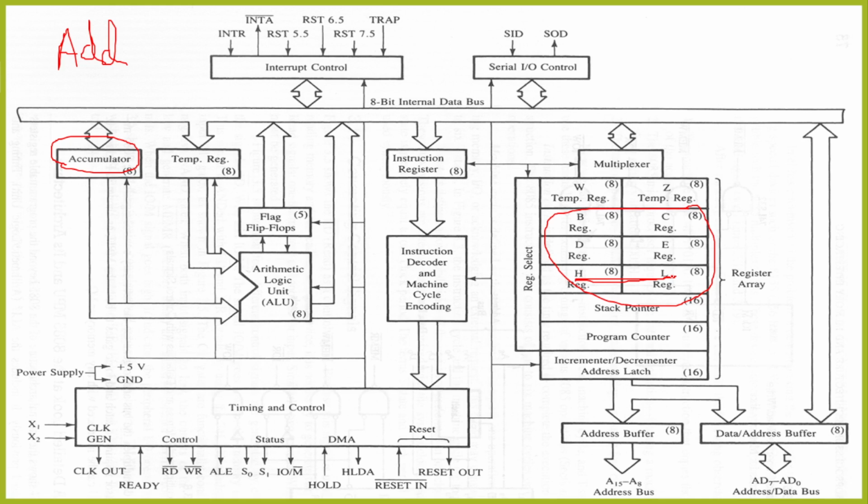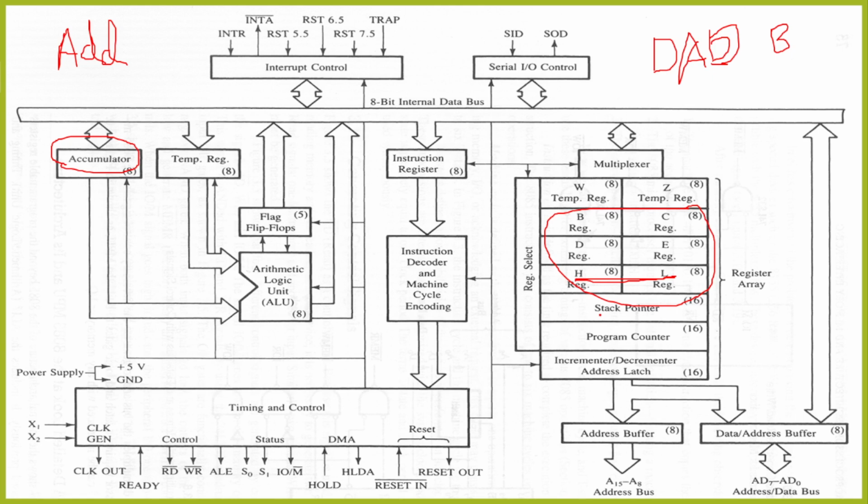HL content plus BC content, both will be added, and the result is updated in HL. That's the meaning of the DAD instruction, which is the only 16-bit instruction supported by 8085. So DAD B. When it comes to the instruction set, we will go into detail.